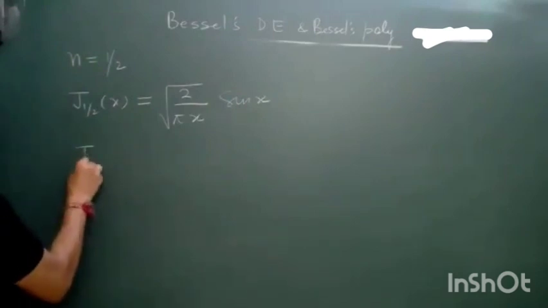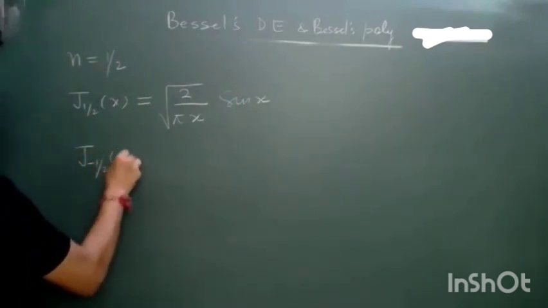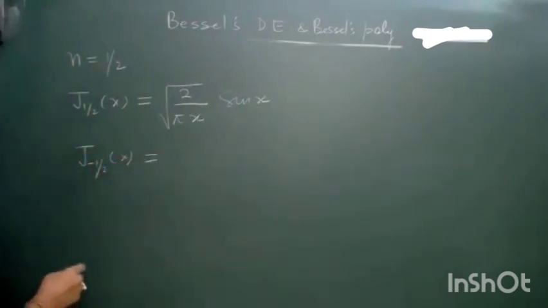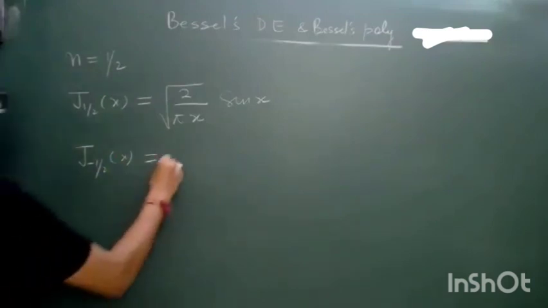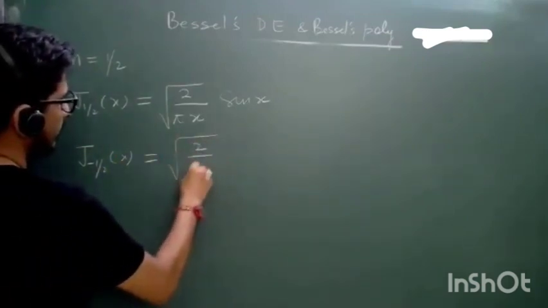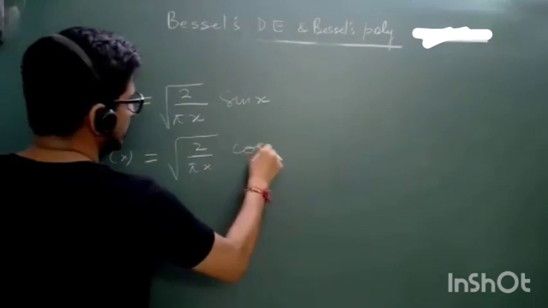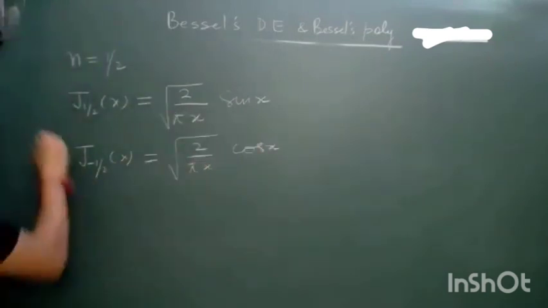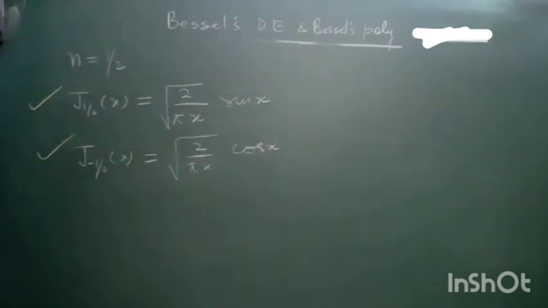And if you write J of minus half x, then this series results into under root of 2 by pi x cos x. Because they are so easy to notice, that's why I am telling you.